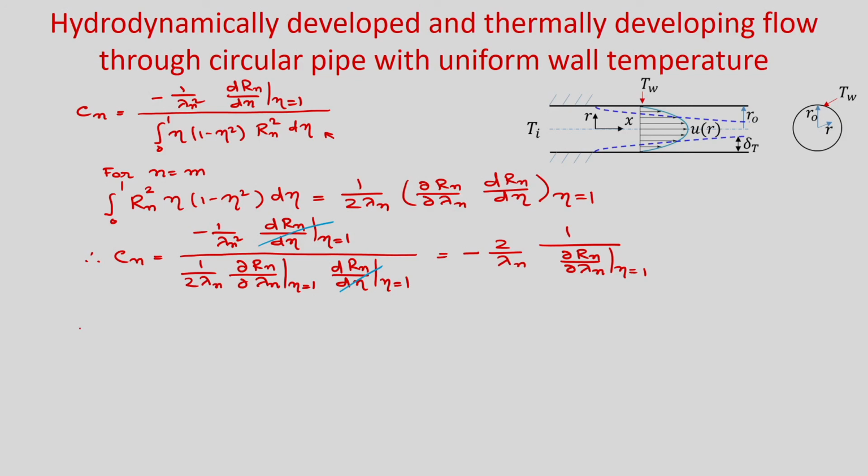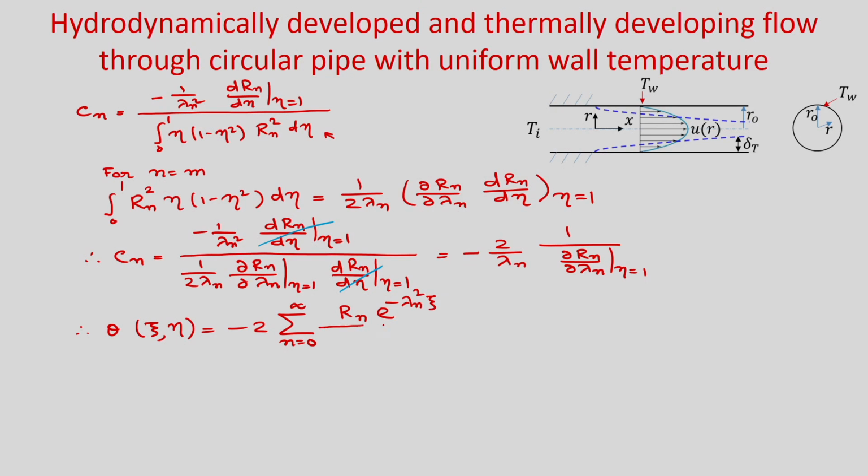So, your temperature distribution, okay. So, you can write C n, you know, theta which is a function of xi and eta as the sum over n is equal to 0 to infinity of r n e to the power minus lambda n square xi and C n.